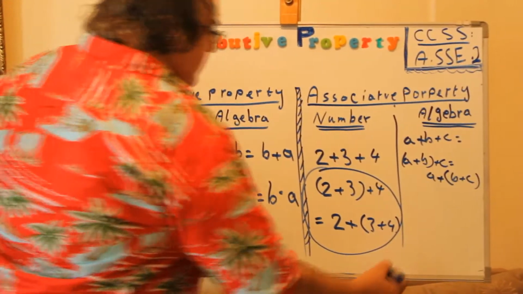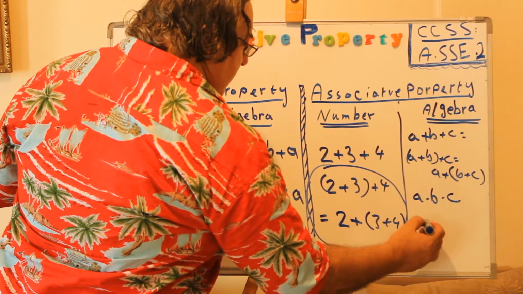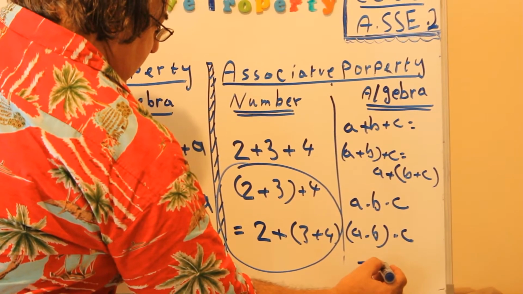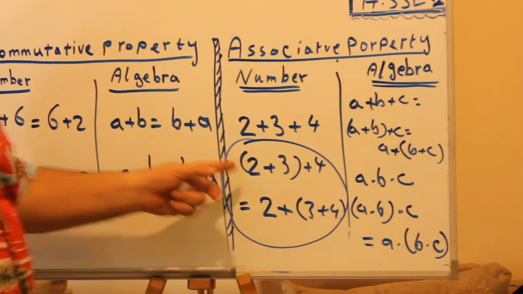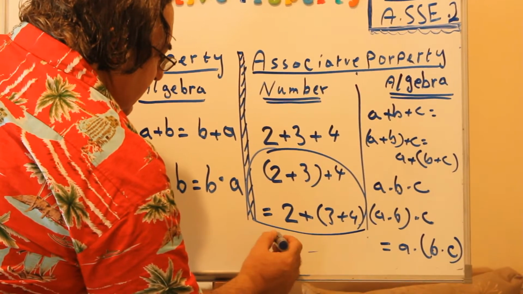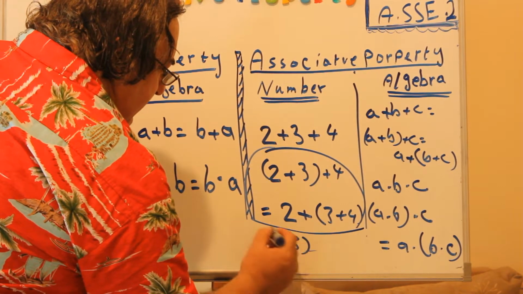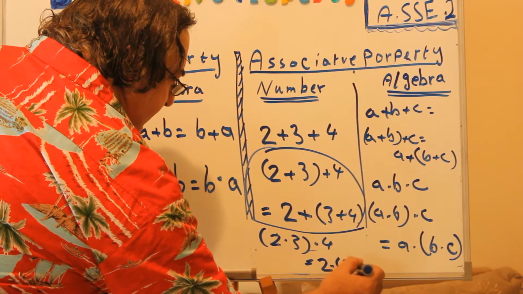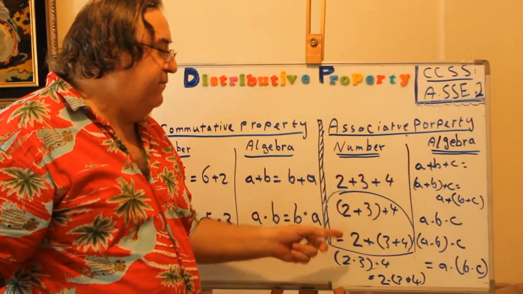Or also in multiplication, A times B times C gives me A times B, times C, is equal to A alone times B times C. You can say 2 times 3 times 4 is equal to 2 times 3 times 4, grouped differently. So associative means it must be 3 terms.